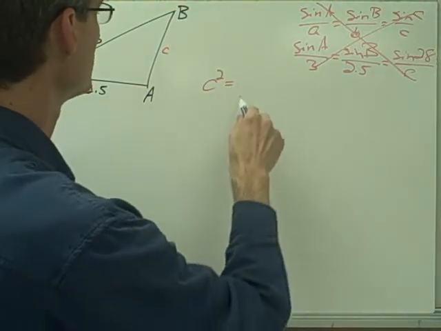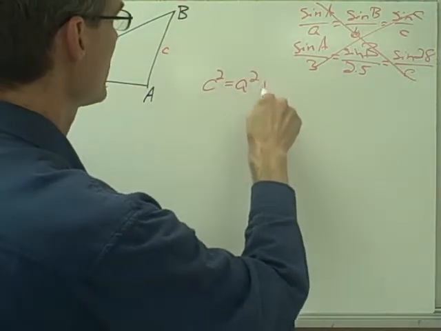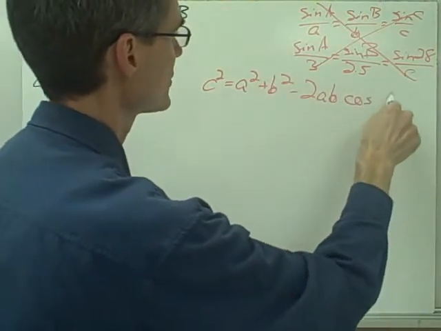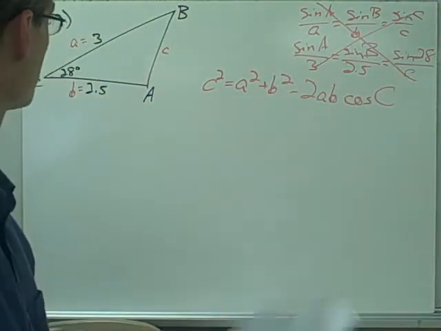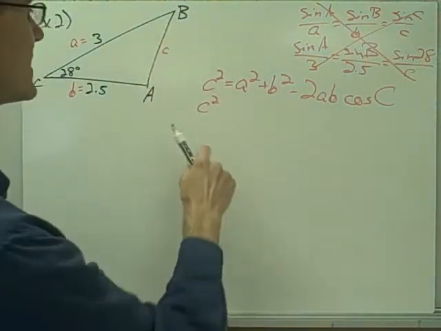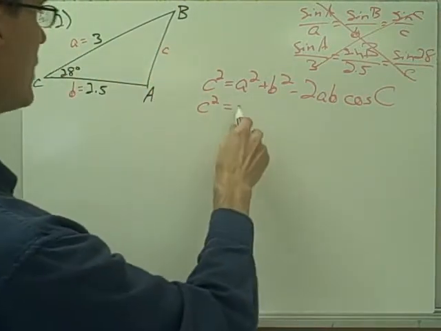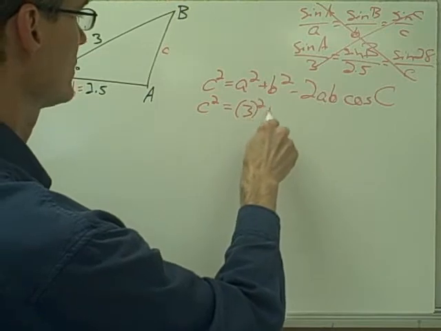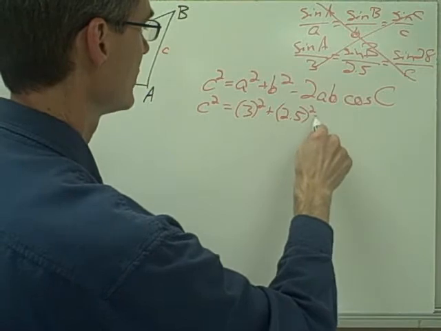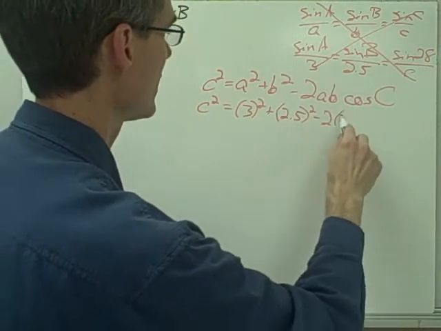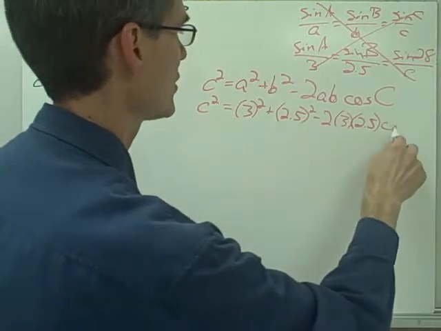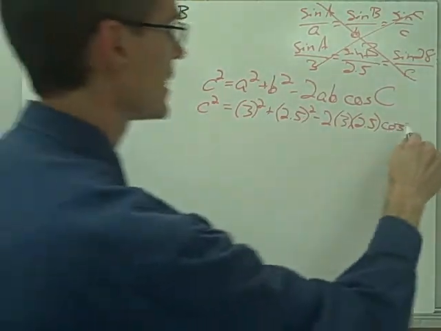C squared equals a squared plus b squared minus 2ab cosine angle C. And let's fill in the information and solve for angle C, or excuse me, solve for side C. So c squared equals a is 3 squared, b is 2.5 squared, minus 2 times a times b times cosine of angle C, which is 28 degrees.